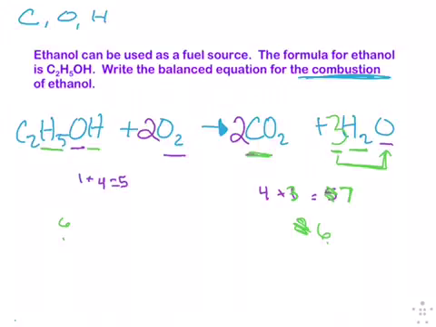So if we change this 2 right here to a 3, how does that fix things for us? So now we have 1 oxygen here, plus 6 oxygens from here, for a total of 7. Does that work out how we need it to? Yes. So that would be your final answer on that one.